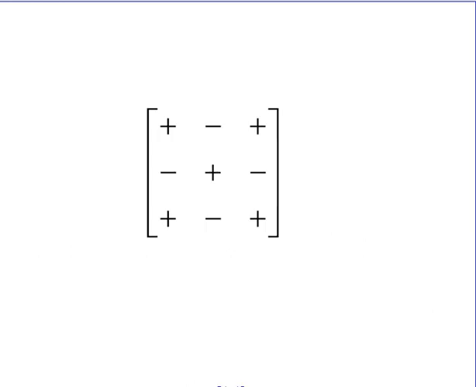Now for the 3 by 3, we're going to have 3 terms. So we're going to have one term, and then it's going to be minus the second term and plus the third term. Because this right here is the first term, first row, first column, and 1 plus 1 is 2, so we're going to put a plus there. This is row 1, column 2, and 1 plus 2 is 3, an odd, so we're going to get a negative there.